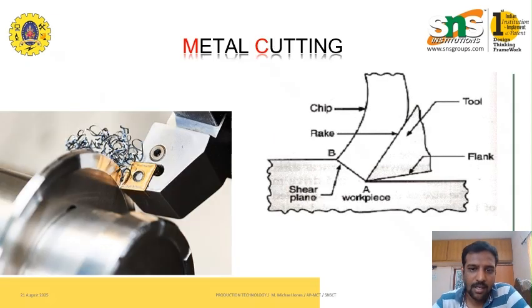In the previous class we discussed the fundamentals of manufacturing processes, the differences between what is manufacturing and what is production, and we've seen a few manufacturing processes also, category A, B, C, and D. That is shaping, forming, joining, and extrusion processes.